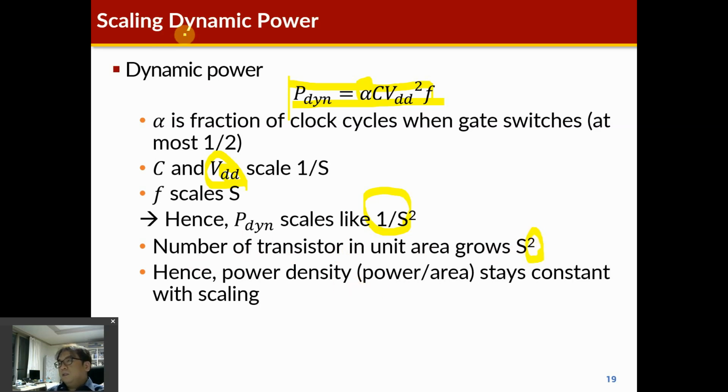So by this dynamic power scaling, the dynamic power is scaled down by 1 over S square, and the density of the transistors increased by S square, so it's the same. 1 over S square multiplied by S square. So power density stays constant.